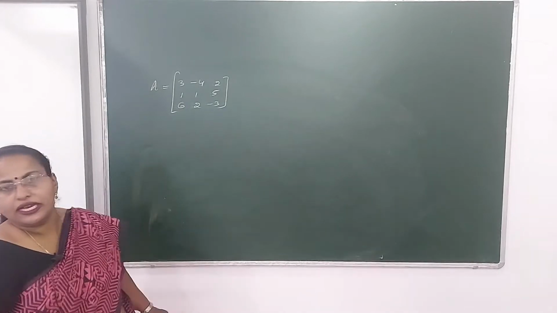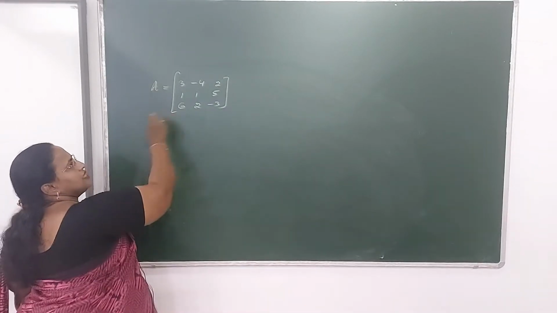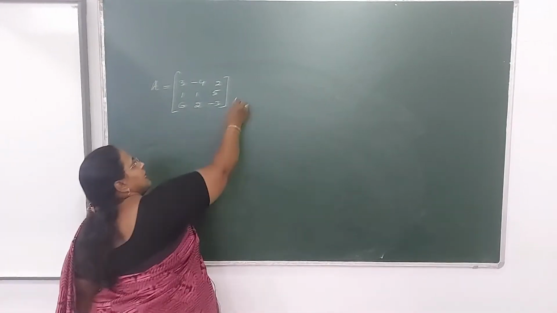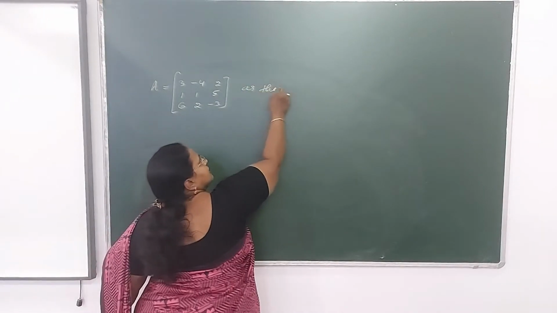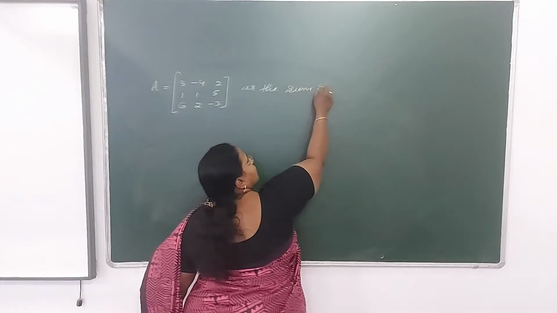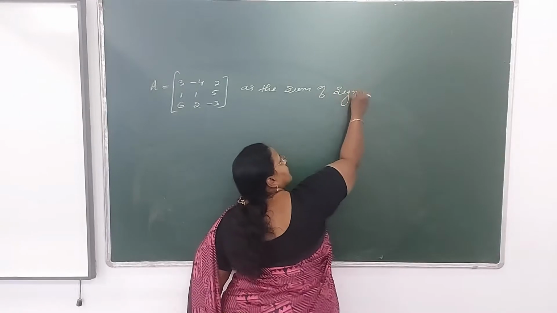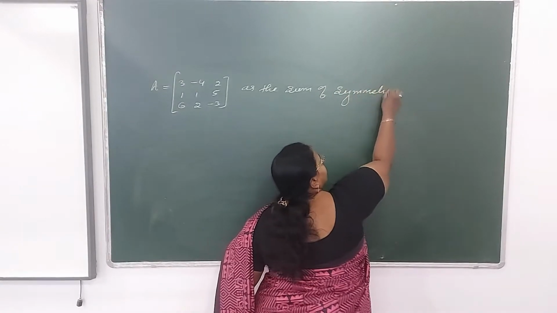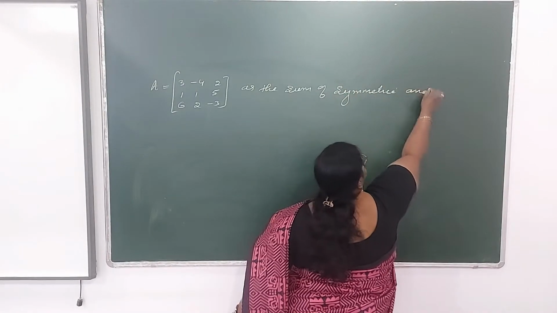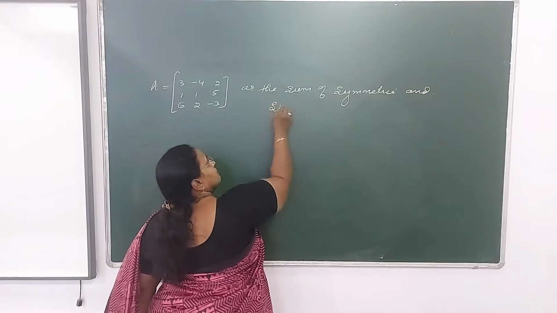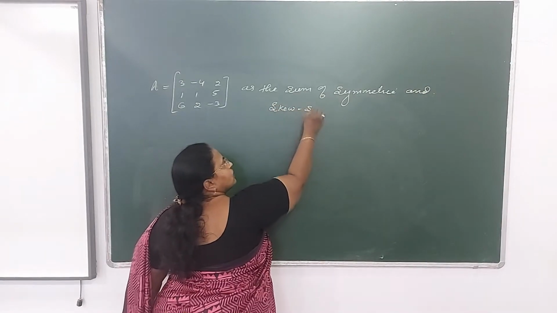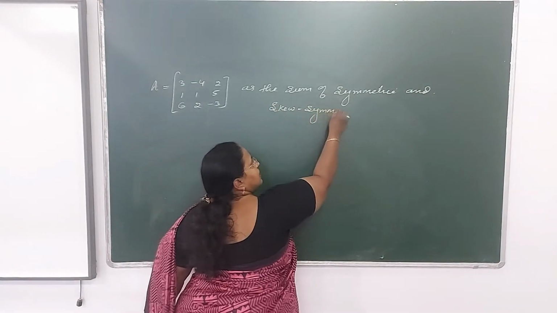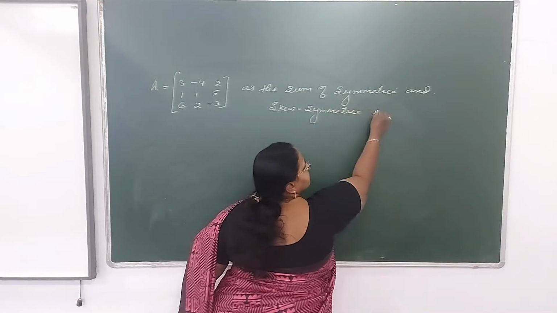Okay, let me repeat it again. Express the given matrix A as the sum of a symmetric and a skew symmetric matrix.